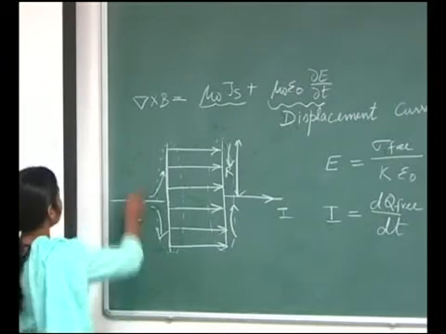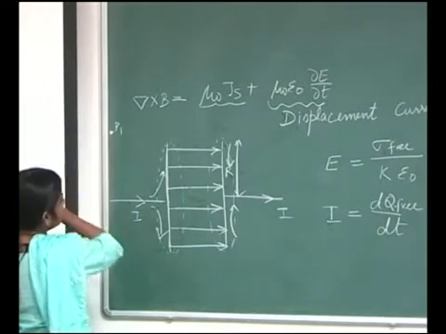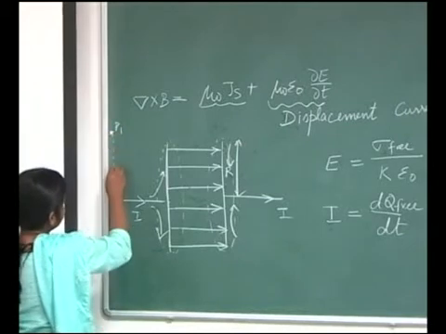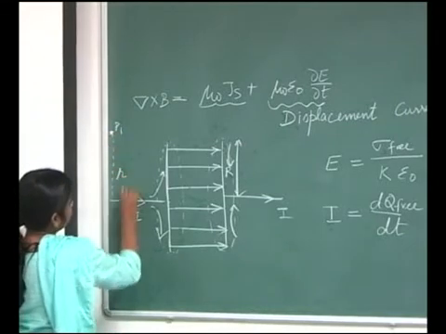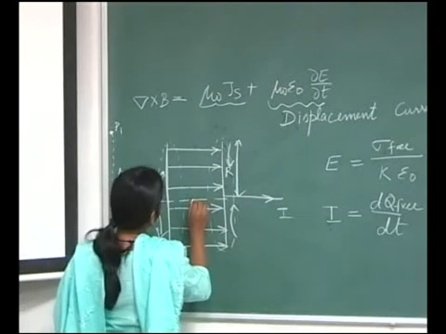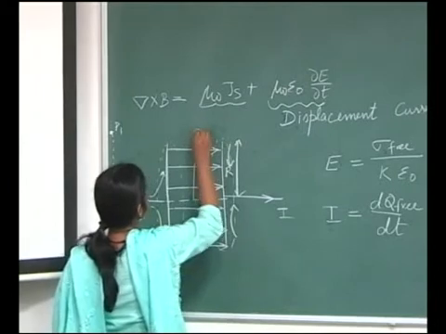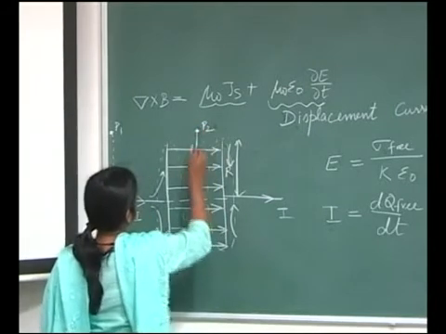Suppose I have a point, say P1, here, which is at a distance, say small r, and then I have another point P2 at the same distance r.